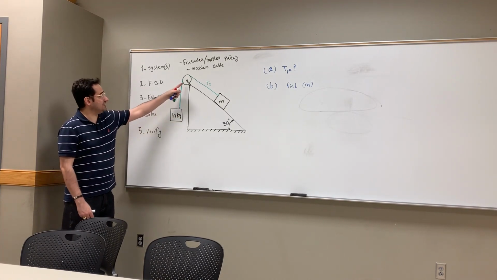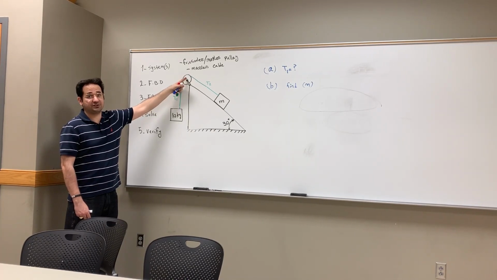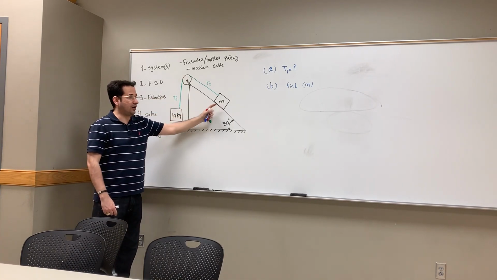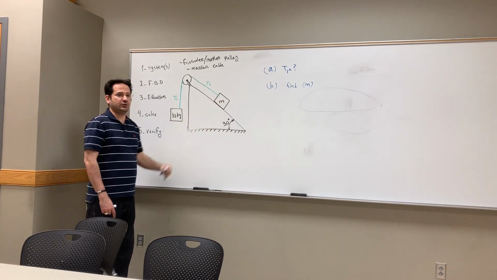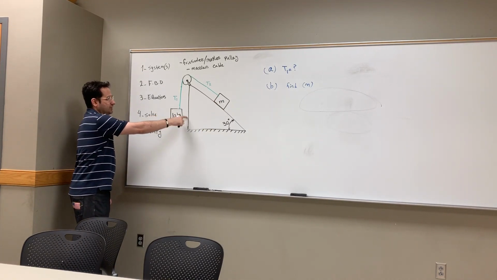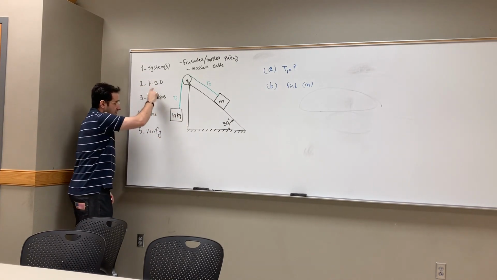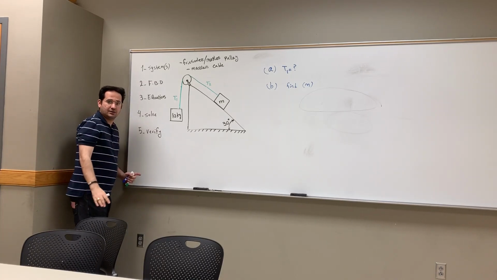You're not interested in the reaction in this pin at the center of the pulley. There are forces there, but you're not interested for this question. You're not interested in how much normal force is holding this up. You are only interested in the tension in the cable. So this would be your definite choice for system. So you go ahead, choose this, make a free body diagram, write the equation, solve it, verify, and you're done, right?